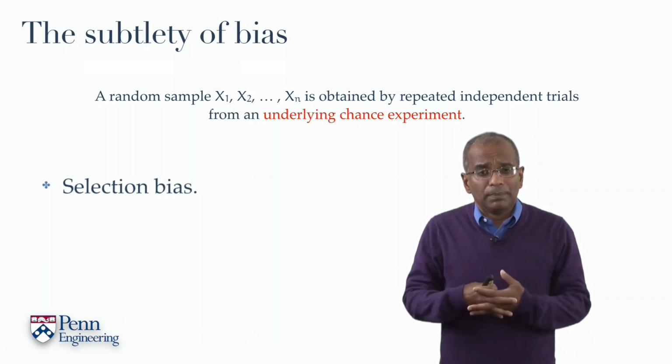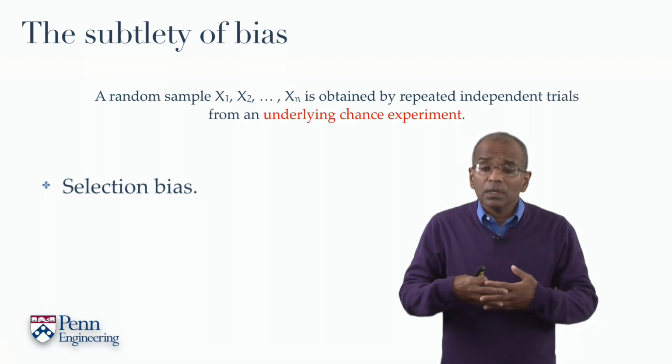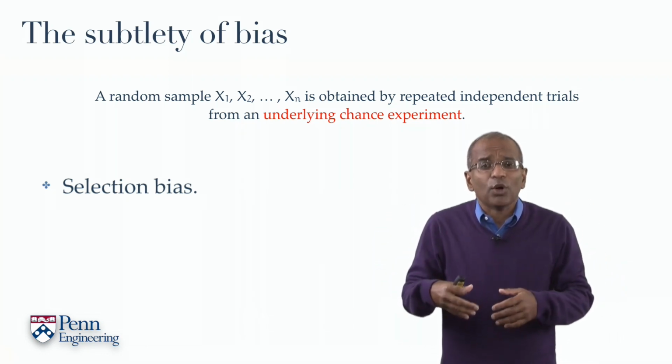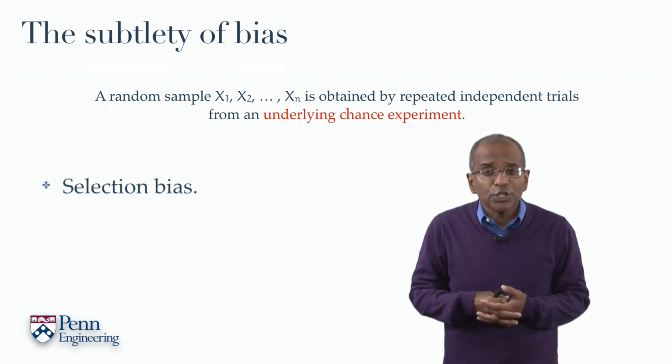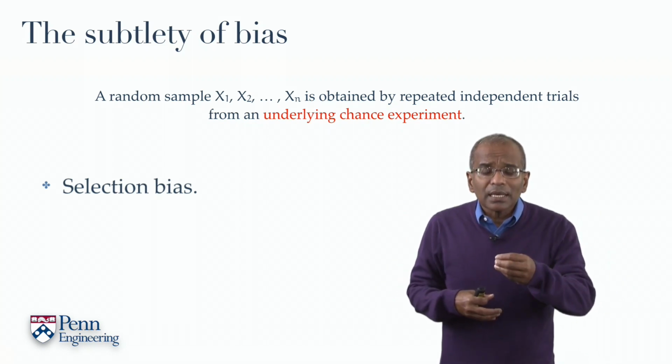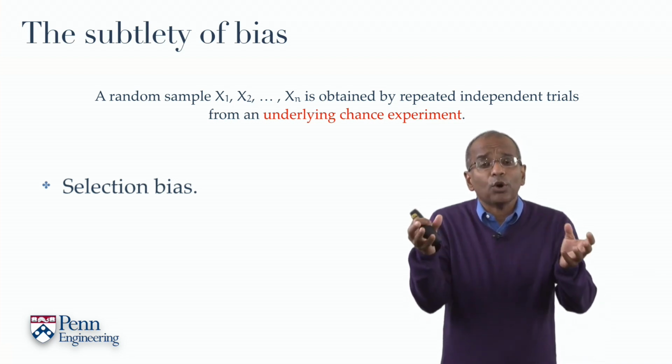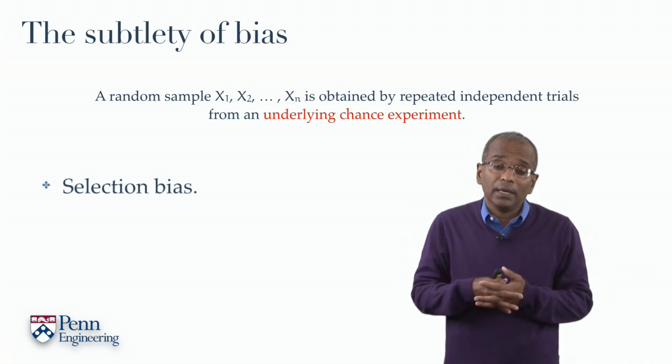Would there be a problem in conducting such a poll? Assuming, of course, that the numbers are chosen independently or as close to independently as we can manage, nonetheless, it is clear that a selection bias is introduced. Because who is at home in the middle of the day? Well, the homemaker.